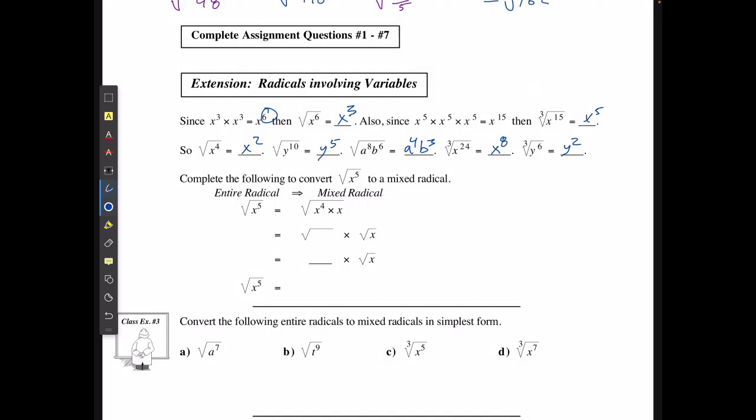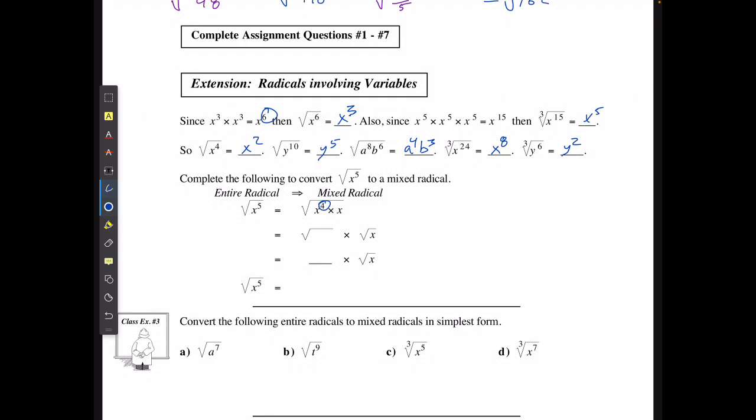But sometimes they don't divide evenly. So if I had x to the 5 and I had an index of 2, well, 5 isn't divisible by 2. But the biggest number that is divisible by 2 is 4, just underneath the 5.